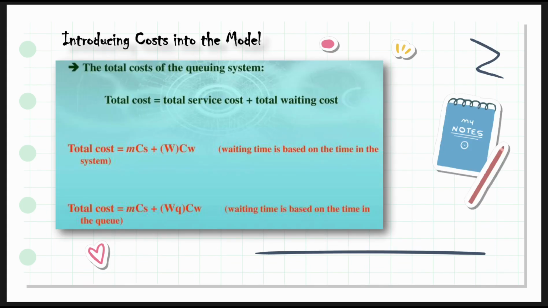So, for the formula for the total cost of the queuing system, total cost is equal to total service cost plus total waiting cost. So, pwede ito siyang i-derive into two formulas, which are total cost is equal to MCS plus W times CW, or total cost is equal to MCS plus WQ times CW.